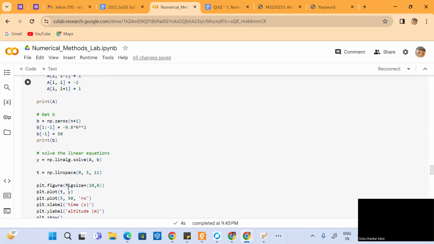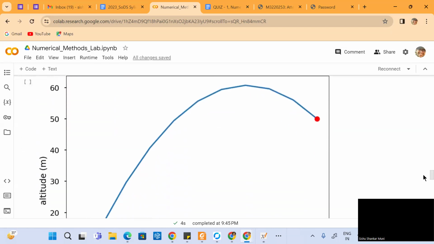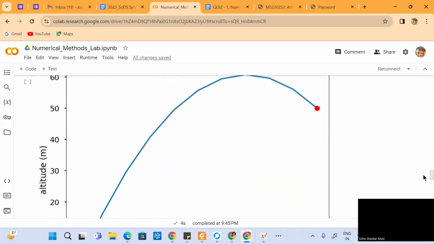I'm storing it in y. So this is your output, showing how the altitude is varying with time. The same problem which we solved using the shooting method, we solved using finite difference.